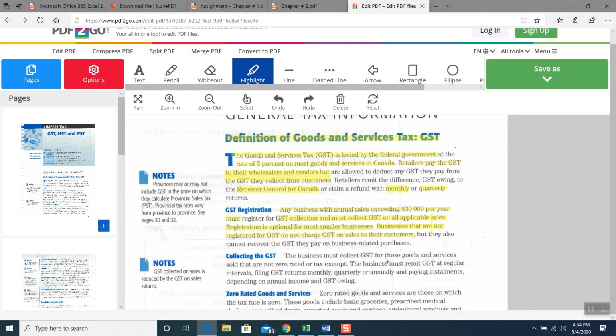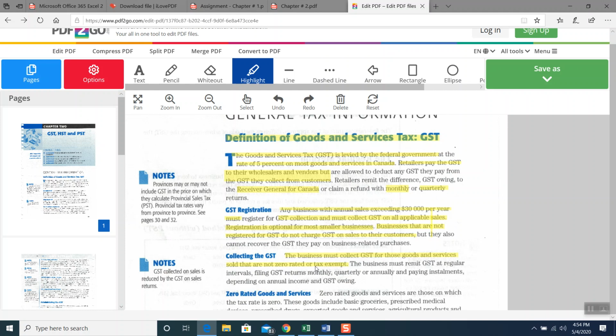Now, collecting the GST. The business must collect GST for those goods and services sold that are not zero rated and tax exempt. So we are going to highlight this part as well, and then we are going to learn the meaning of zero rated or tax exempt.